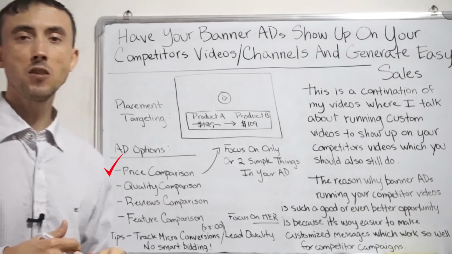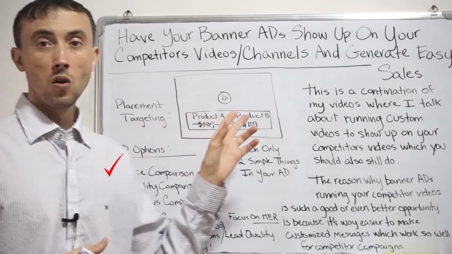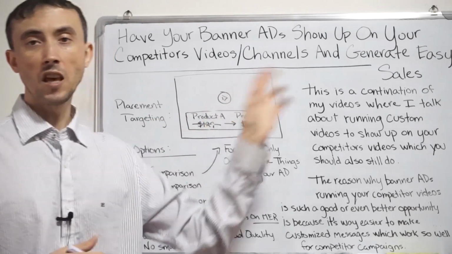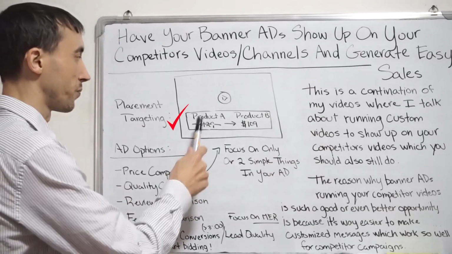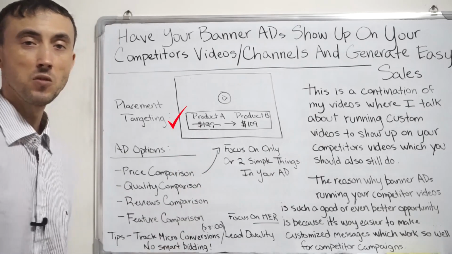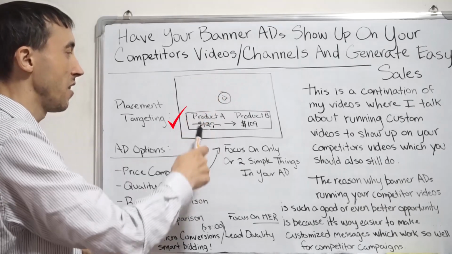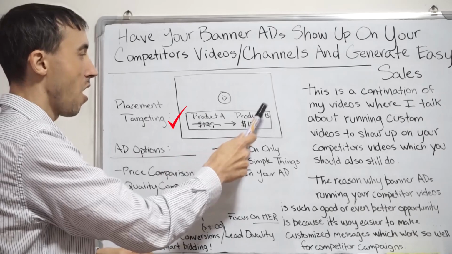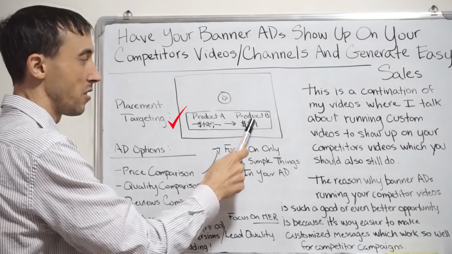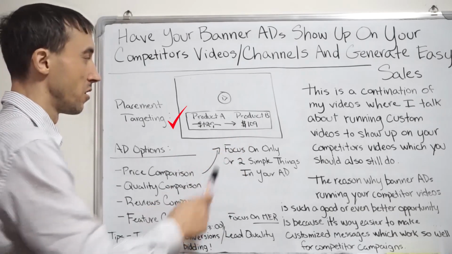If you sell tennis rackets, you're not going to say, "We sell tennis rackets for 29% cheaper." It's much better to say: tennis racket A, which is what the video is about, costs $129. Our tennis racket is $109.